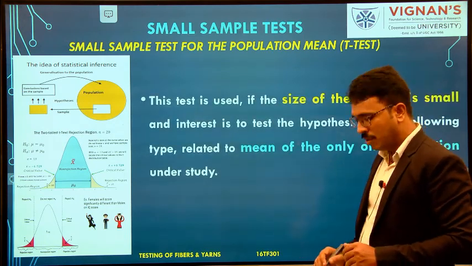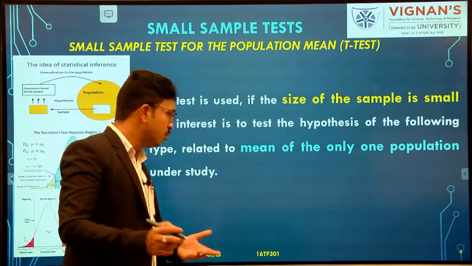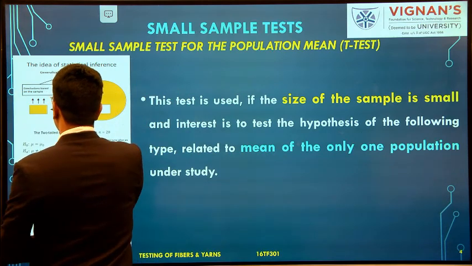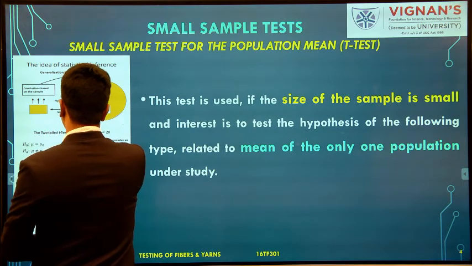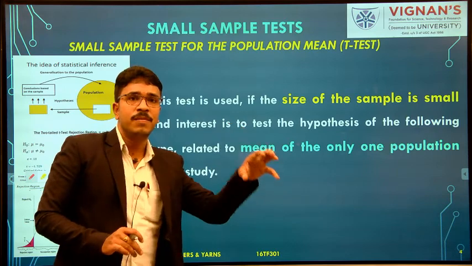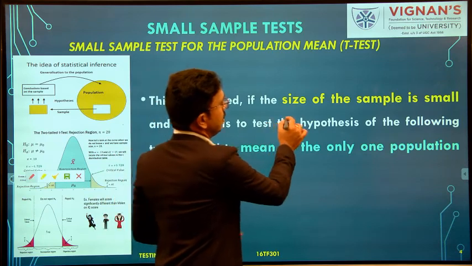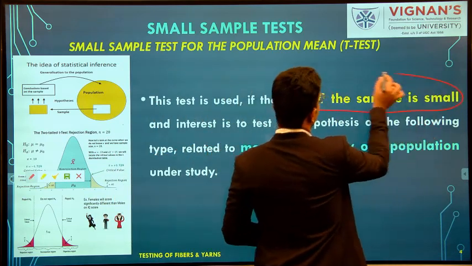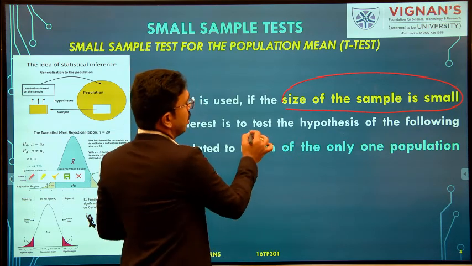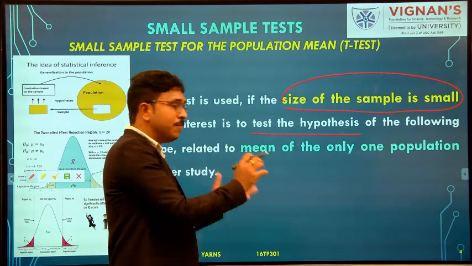As I told you already, when we have to use this T test, we should look at what is given in the problem, or what is that information we are having. The information is the size of the sample is small, and the interest is to test the hypothesis of the following type. So what is the following type?